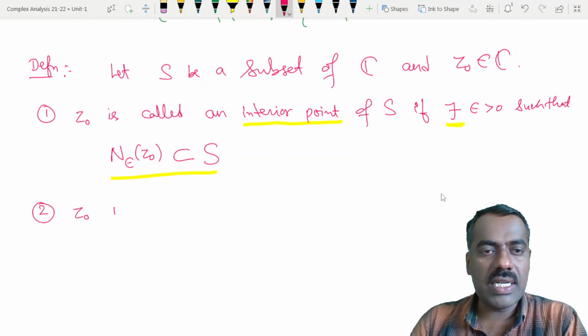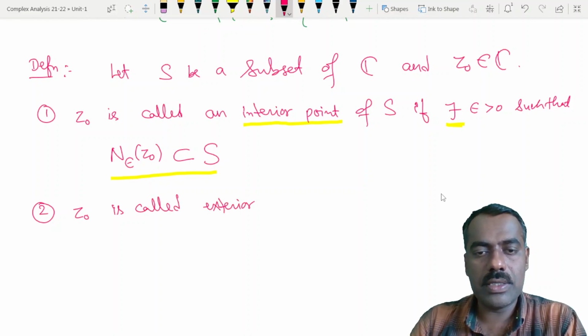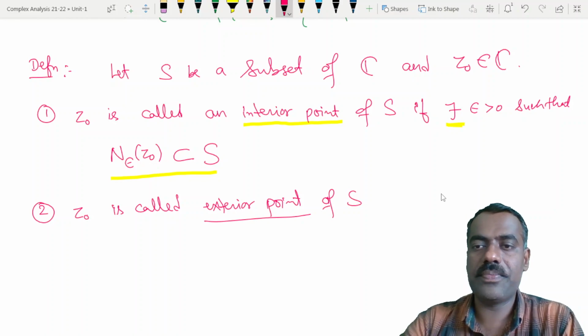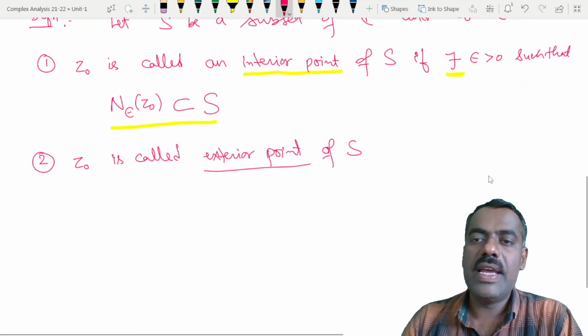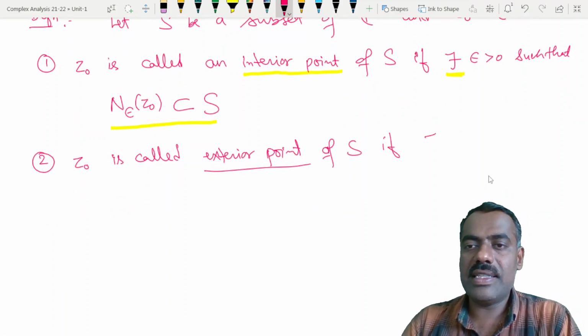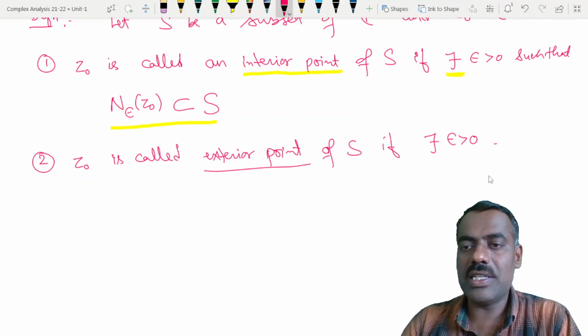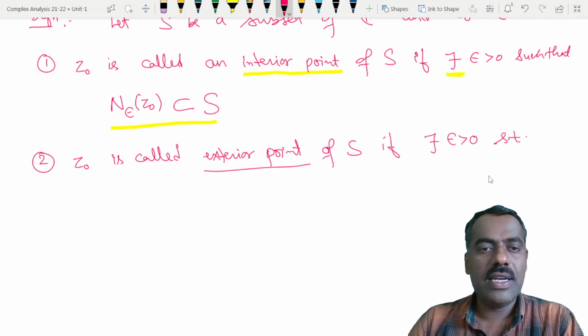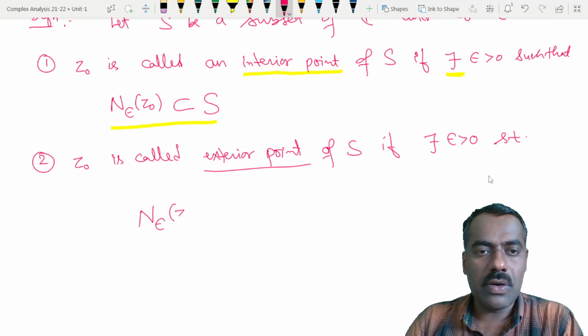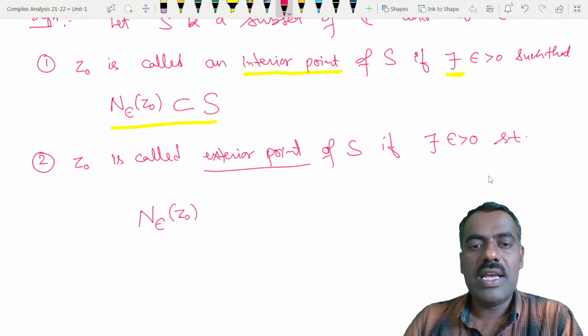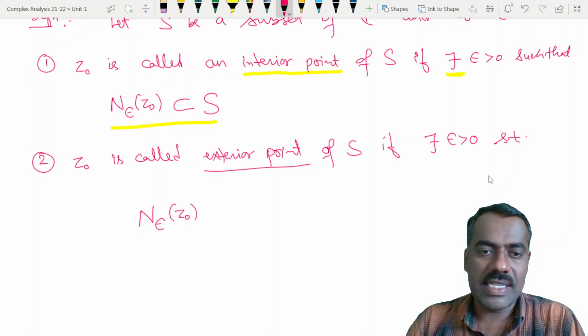Then a point Z naught is called an exterior point of S if there exists some epsilon greater than 0 such that this N epsilon of Z naught, this neighborhood, is completely outside S. That means it is completely contained in S complement.